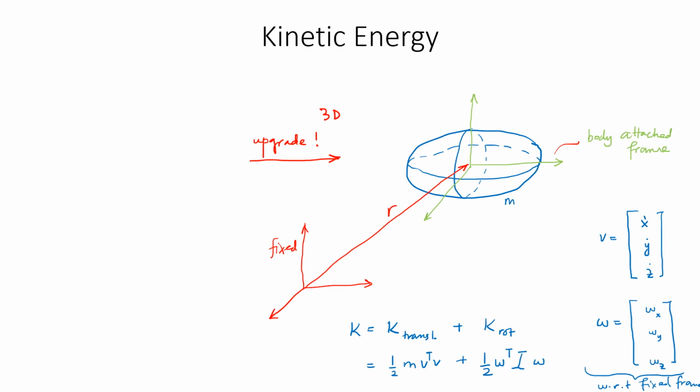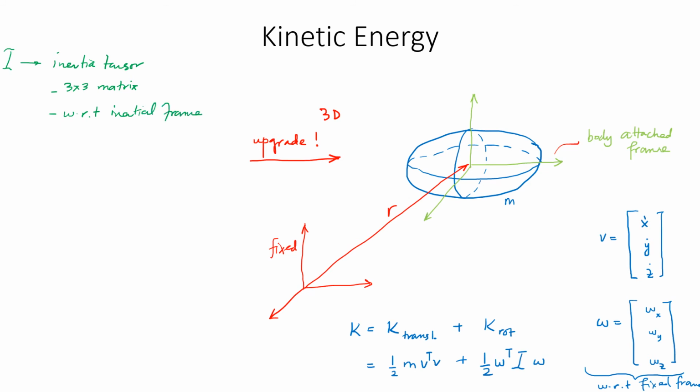In this kinetic energy expression, we are using the inertia tensor. Now, the issue with this inertia tensor is that first of all, it is a 3x3 matrix, but more importantly, it is defined with respect to the inertial frame or fixed frame.